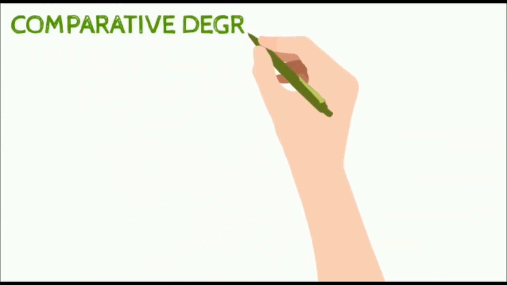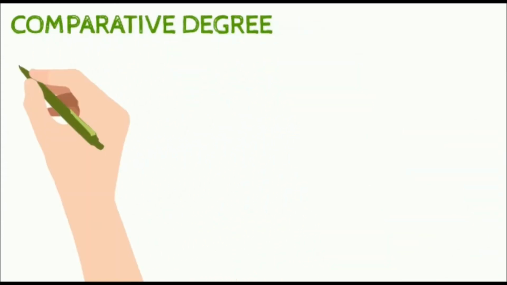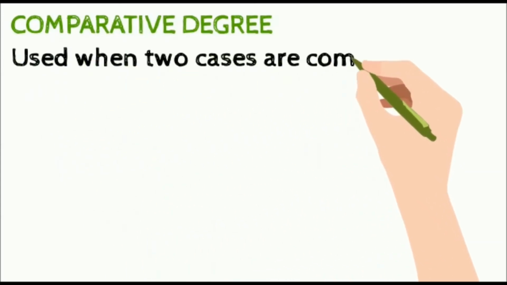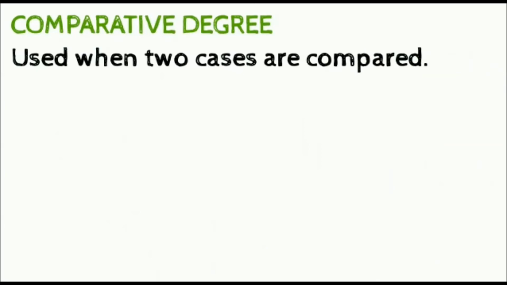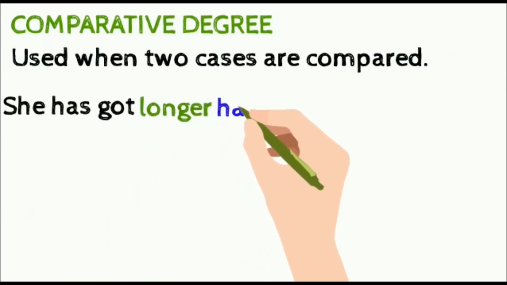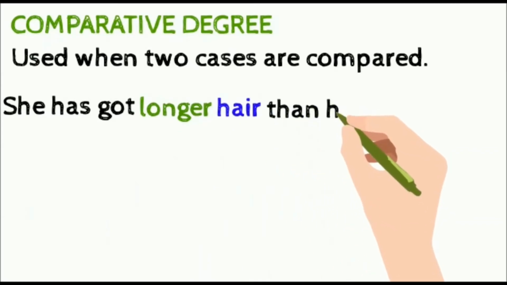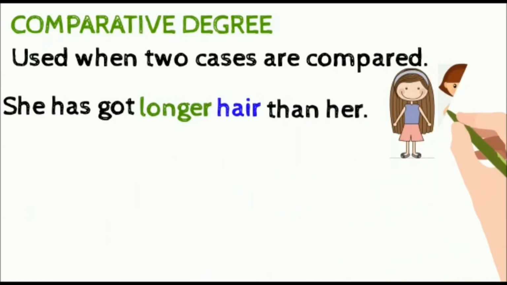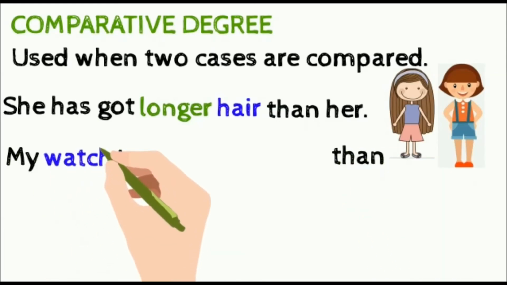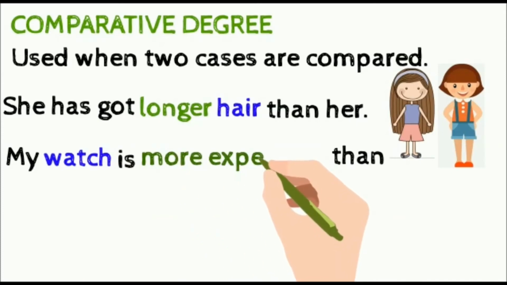Comparative degree. As the name suggests, it is used when we compare two cases. She has got longer hair than her. We are comparing the hair of this girl to another girl and we are saying that it is longer. And therefore longer is the comparative degree describing the noun hair. My watch is more expensive than his.